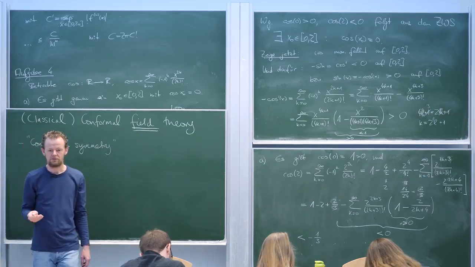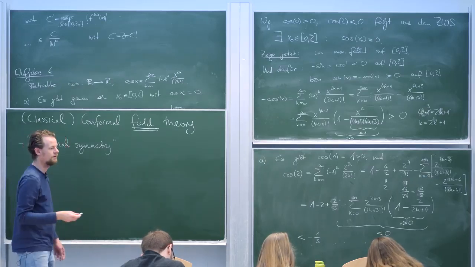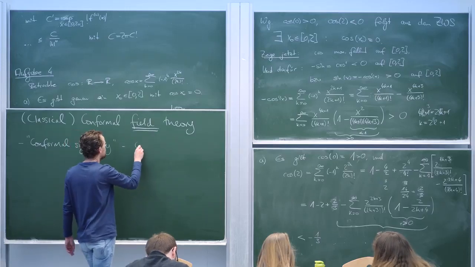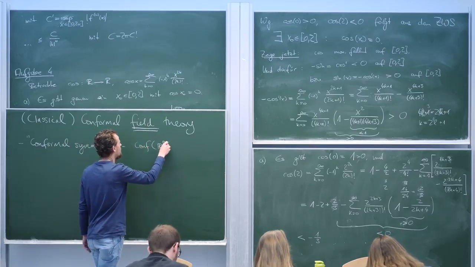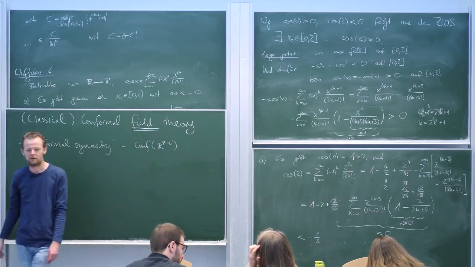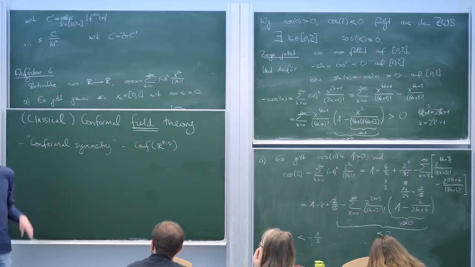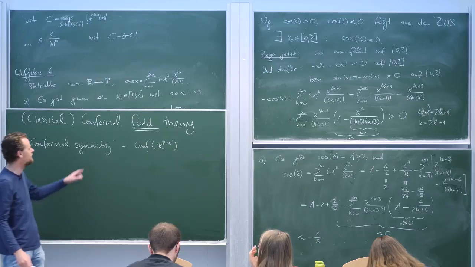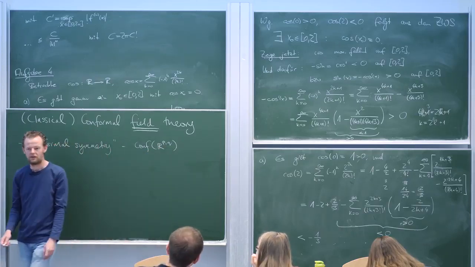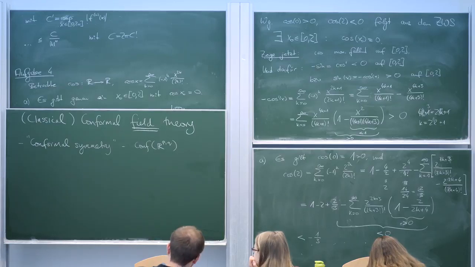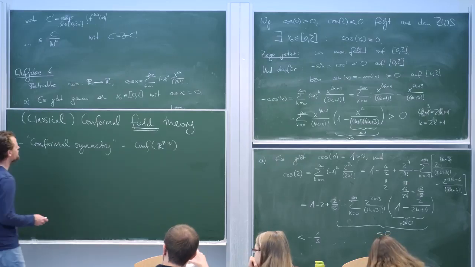And this led to the introduction of a mathematical group, which we'll call Conf(R^{p,q}), the connected component containing the identity of all conformal diffeomorphisms of the pseudo-Riemannian manifold R^{p,q}. So that's the symmetry group that we call the conformal group. That's what we've seen in the previous lectures.